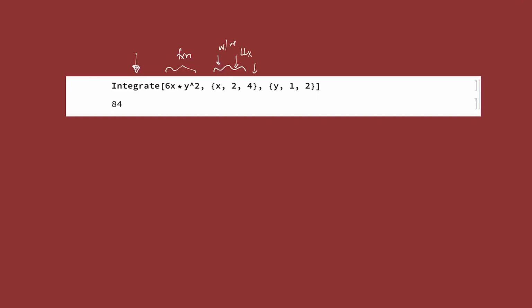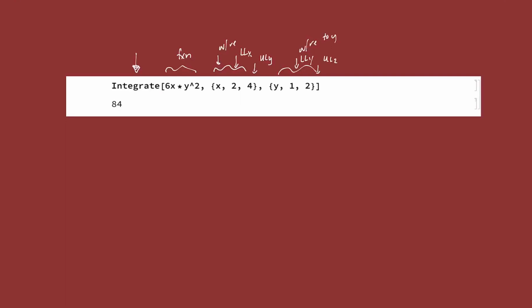Then this second number is your upper limit for x. Then again, this is with respect to y now. The second brace here is you telling Mathematica to integrate with respect to y, the lower limit of y being 1, and the upper limit being 2.